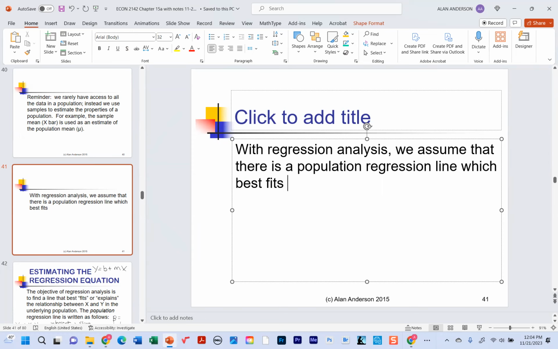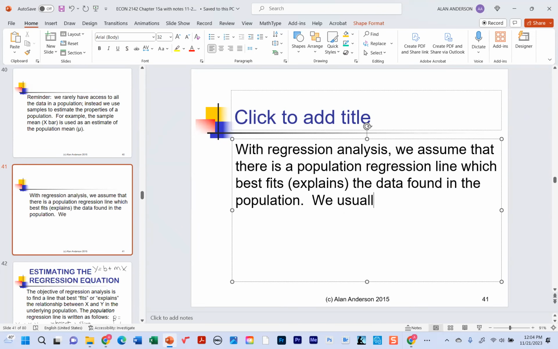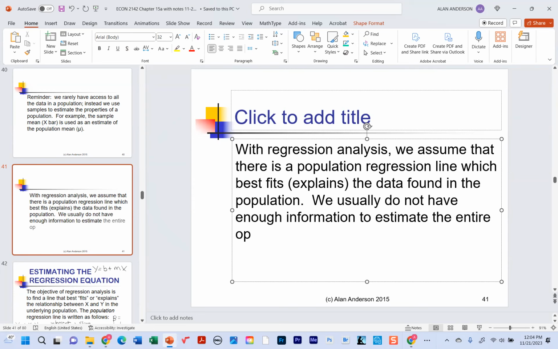Actually, I'm going to put another word in here too. Fits or explains the data found in the population. We usually do not have enough information to estimate the entire population line. So what do we do about it?